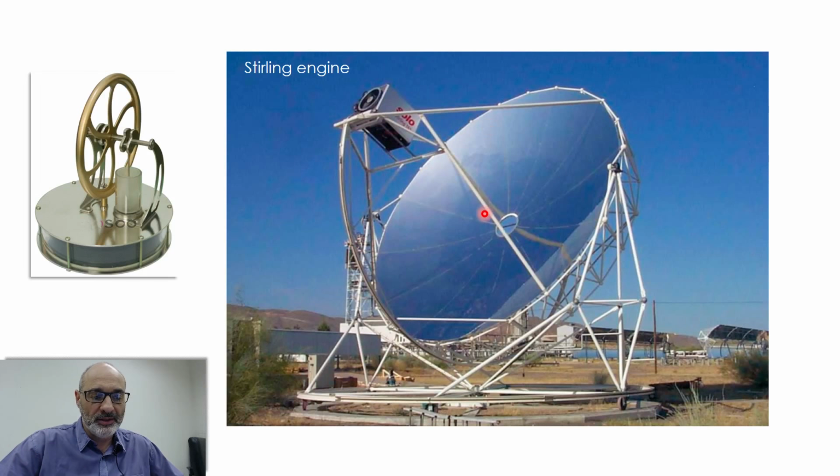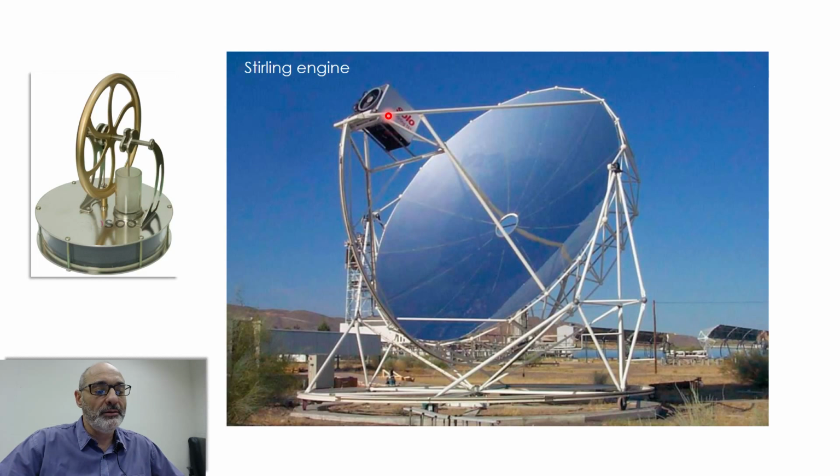It's also a heliostat because it follows the position of the sun, but instead of absorbing the solar energy at the focal point by means of a working fluid, you have a Stirling engine placed here. So it converts the solar energy directly to electricity.